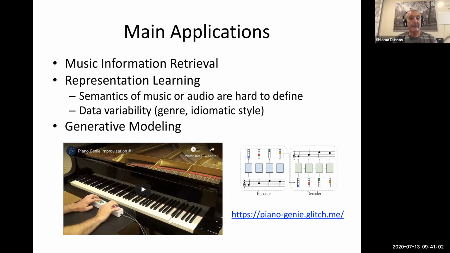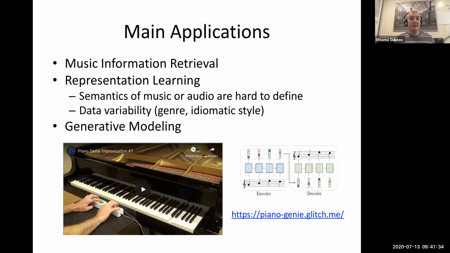So I'll bring one example of generative modeling, which combines the idea of a representation that is learned by a network without us really knowing what the representation is, and then how it's being used to improvise. This example will carry over to tomorrow's class, where we start talking about variational autoencoders, and then later on recurrent neural networks.